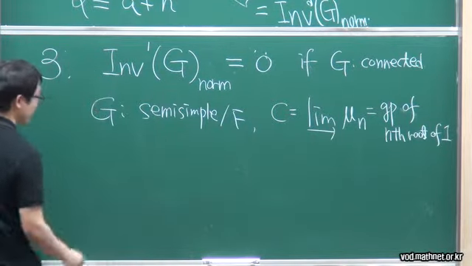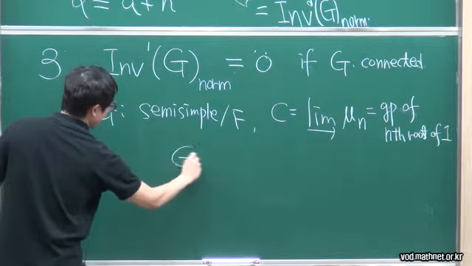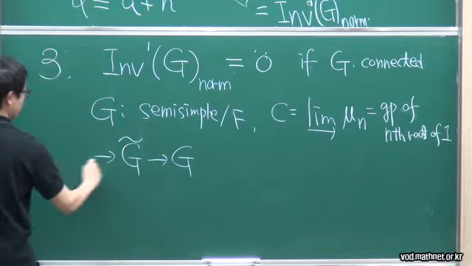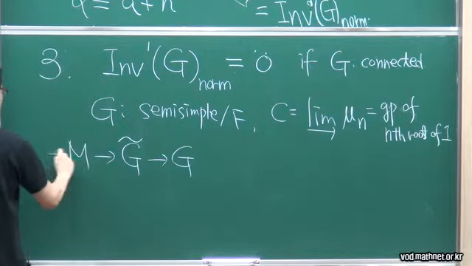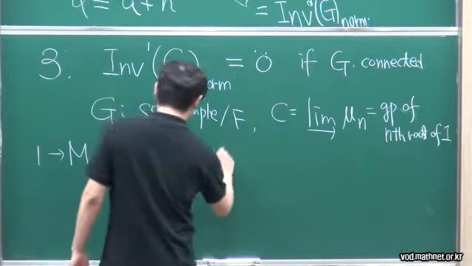Then we consider the universal covering of G with a central subgroup.